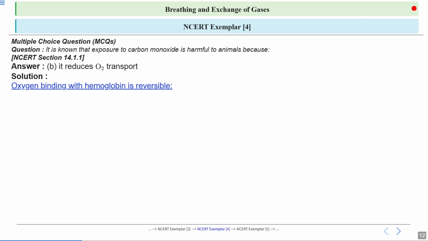But sometimes what happens is we are exposed to carbon monoxide. It is not always from the smoke of a cigarette, but sometimes there is burning, and if the oxygen is not suitably available for the burning process, carbon monoxide is produced. Sometimes we can get trapped in a fire accident or something like that.